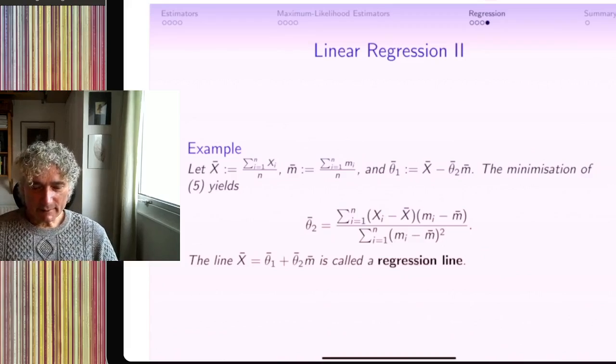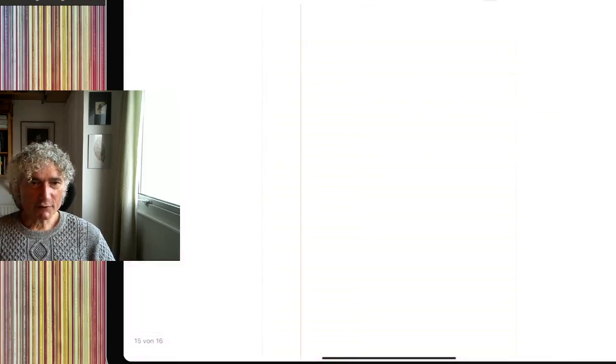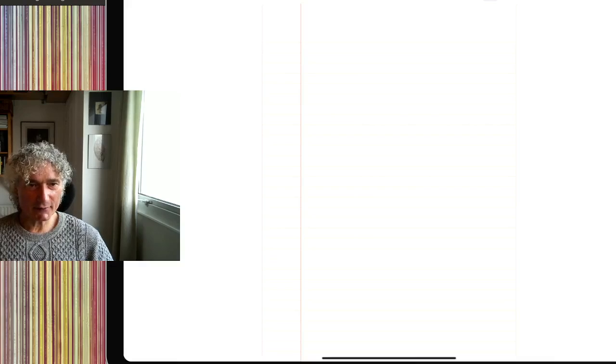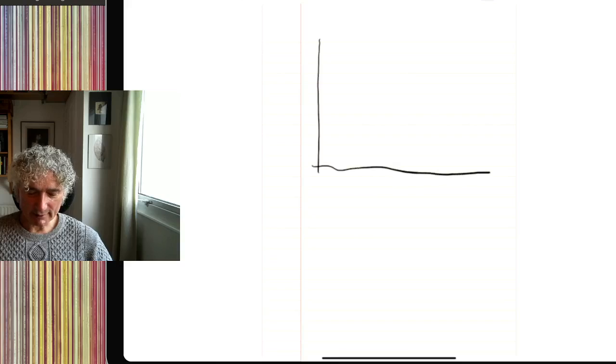So maybe I explain to you for a moment what regression line means, because that was originally introduced by a statistician called Galton, and he had the following measurements. So he introduced the body length of sons of a certain type of father with a certain body length.